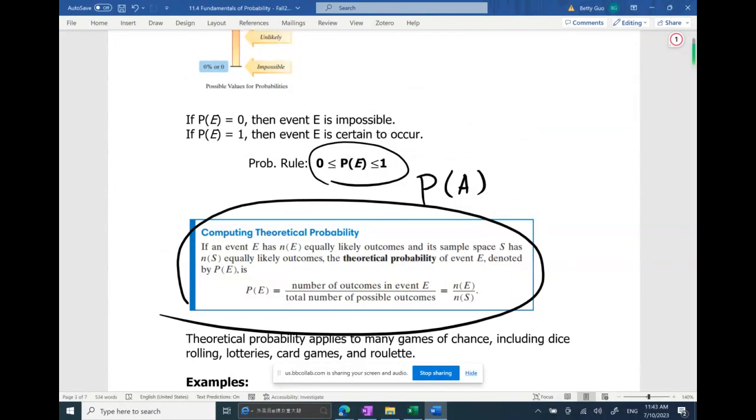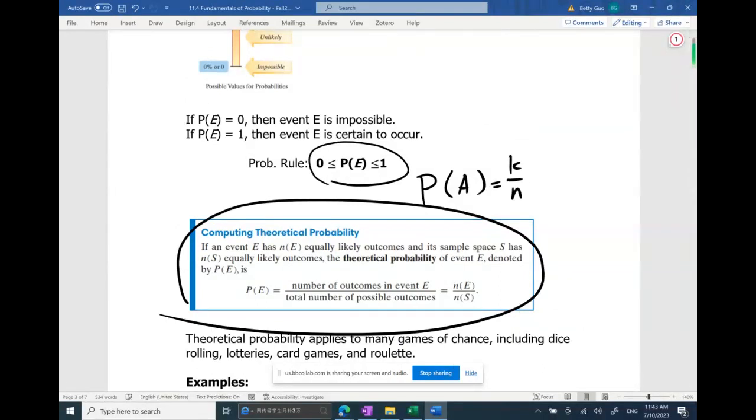When the probability of the event equals 0, the event is impossible. When the probability of an event is 100%, then the event is certain to occur. We'll see examples of those two special cases. It's a very straightforward concept. Let's look at the formula though.